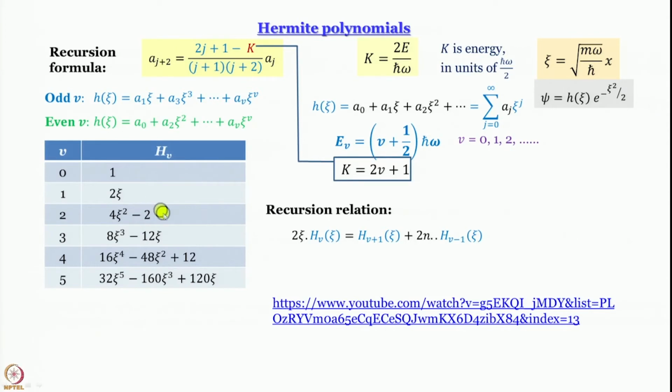Look at the polynomial before, it is 4 xi square minus 2. So, what I am saying is that once you multiply any polynomial by xi, what you get is a linear combination of the polynomial before and polynomial after. It becomes dimensionally consistent as well.